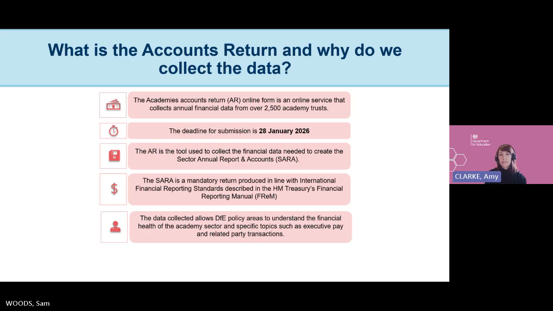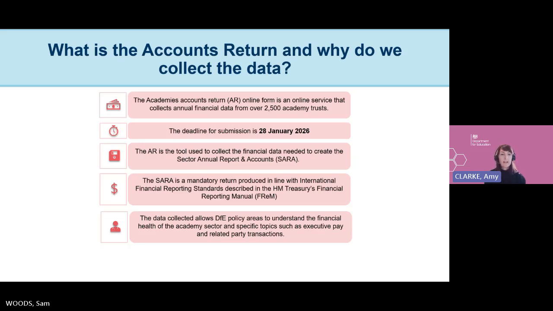Firstly, what is the accounts return and why do we collect the data? The accounts return is an online form that collects financial data every year from over 2,500 Academy trusts, and the deadline for submission this year is 28th of January 2026.